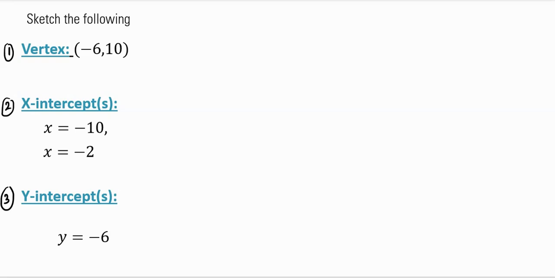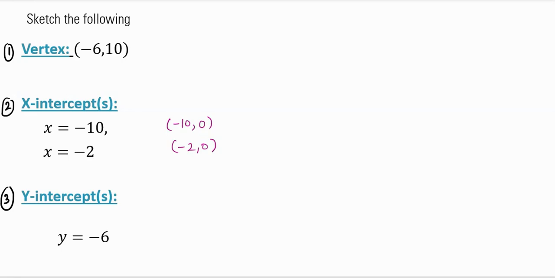Sometimes the x-intercept and y-intercept are given in the form x is equal to -10 and x is equal to -2, or they will be given in point form, like (-10, 0) and (-2, 0).